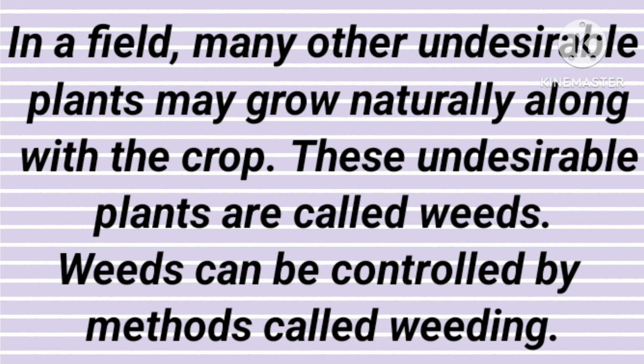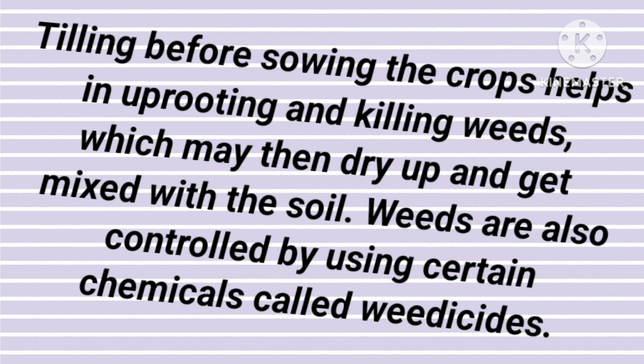Weeds can be controlled by weeding. You know that weeding has to be done for any crop because weeds are poisonous to the crops. Tilling before sowing the crops helps in uprooting and killing the weeds, which may then dry up and get mixed with the soil.